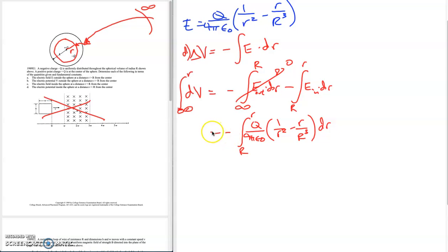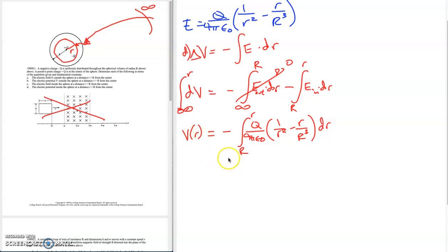And this is just going to be V of r, because V at very far away is 0, because the electric field at very far away is 0.